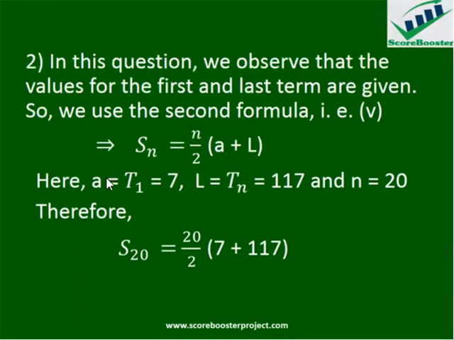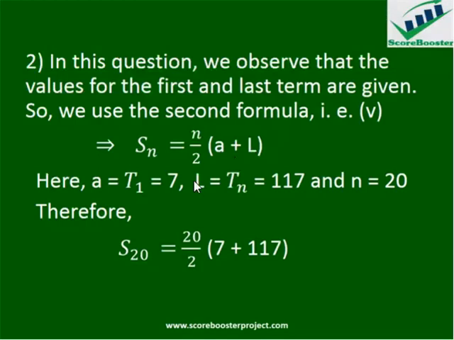So here in this example, the value for the first term a, which is the same thing as writing t1, is 7, and the value for the last term l, which is the same thing as writing t subscript n, is 117. And the number of terms whose sum we are to obtain is 20. So now we substitute these parameters into the formula.